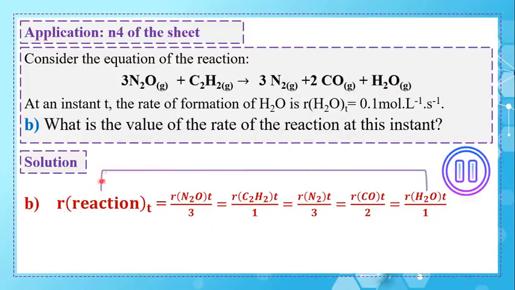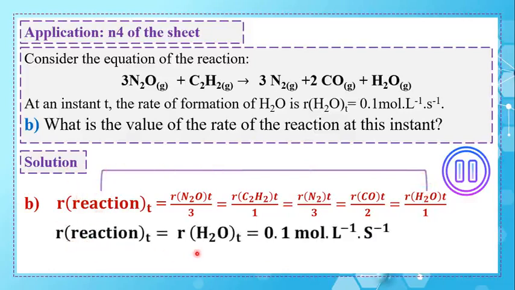We will use this one to calculate the rate of the reaction, which will be equal to the rate of formation of H2O equal to 0.1 mole, liter minus 1, second minus 1.